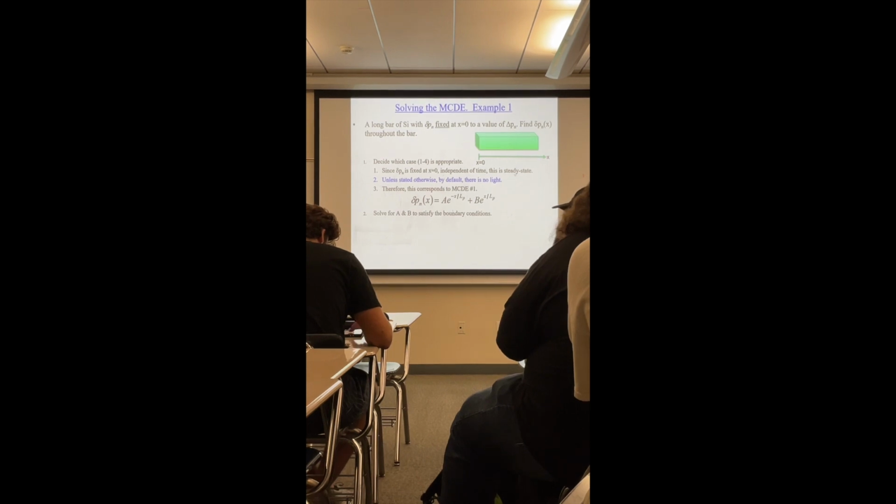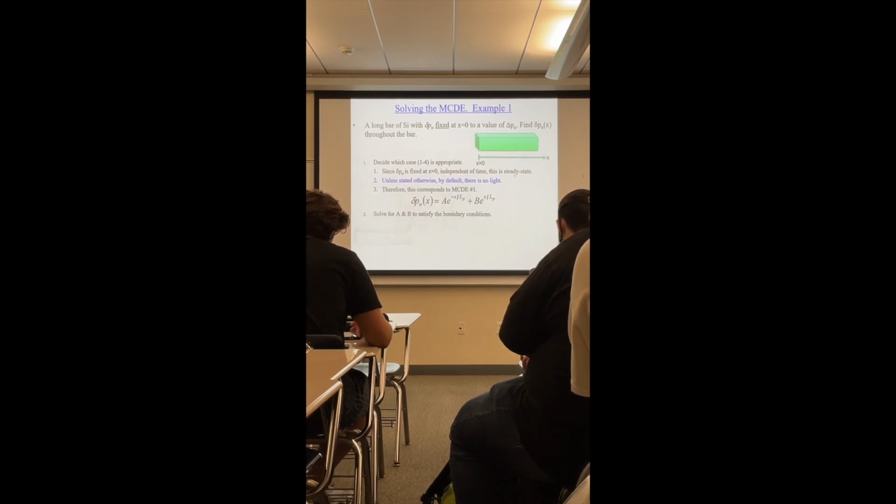Because we have two unknowns, we need another boundary condition. What are the other boundary conditions? Here we only have one, right? We only know this. So now, think about x at infinity.